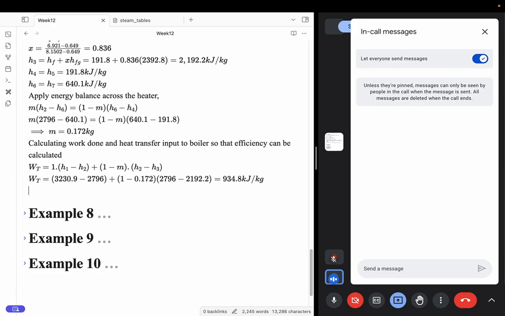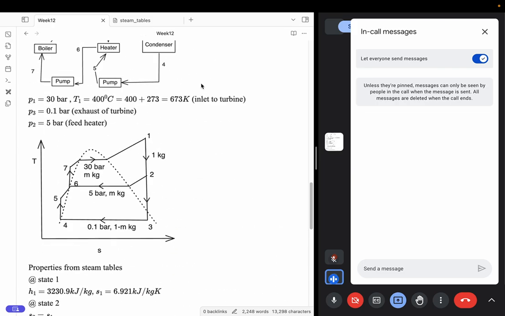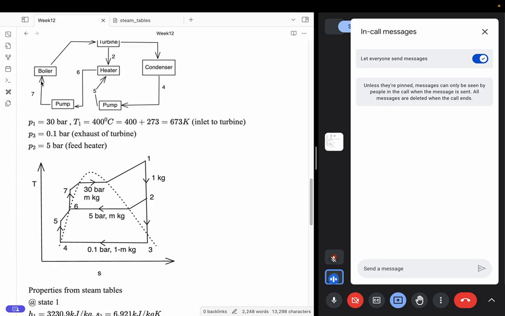Now what is the heat input to the boiler? I'll just call it Q input. If you see this process again, where is the heat getting added? The heat is getting added from state 7, which is the inlet to your boiler, to state 1. This is where heat addition is happening. So I need to do h1 minus h7, but we are saying that the pump work is neglected, so h7 is almost equal to h6.